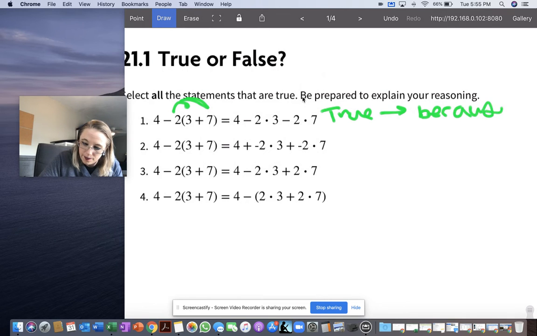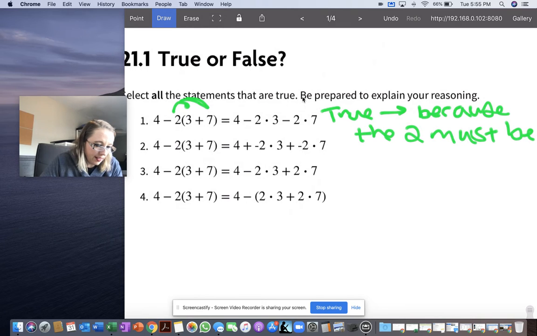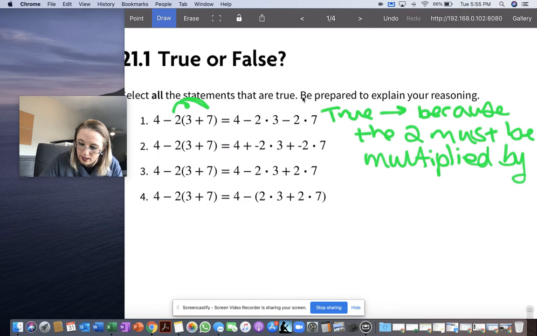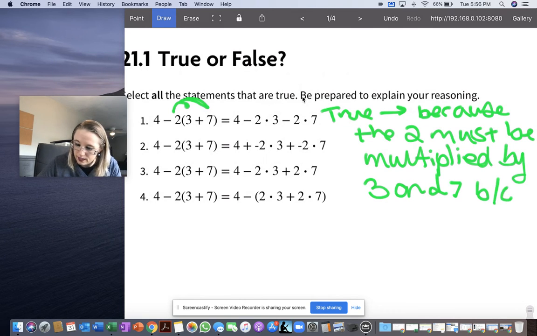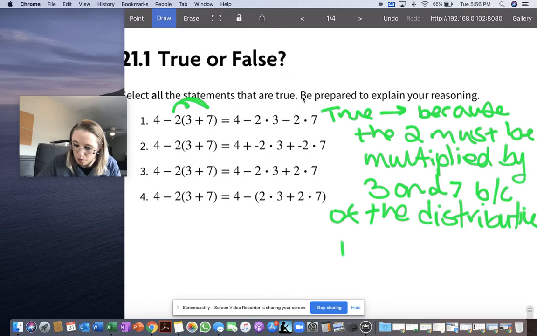because the 2 must be multiplied by 3 and 7 because of the distributive property.